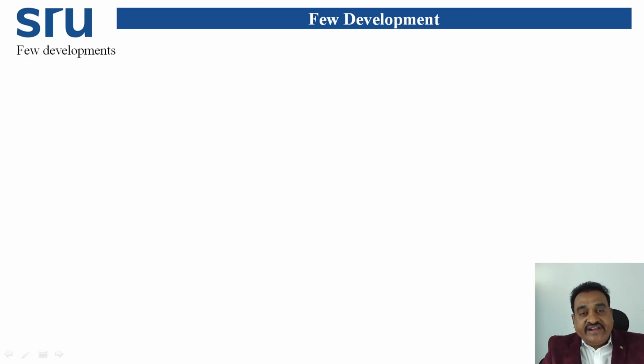Coming to a few developments, try to understand. Number one, this is 1857. Michael Faraday published a paper explaining how metal particles affect the color of church glass windows.